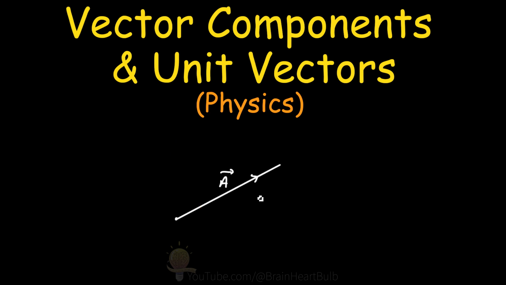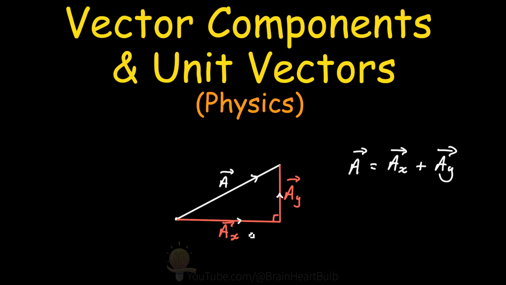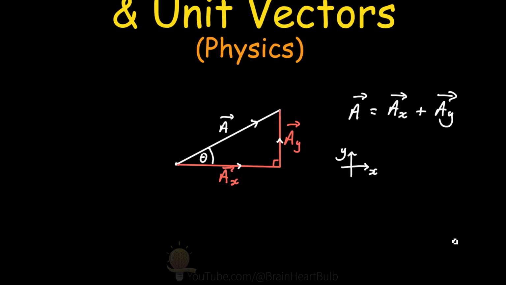So if we consider another vector now, and we call this vector A, we can use trigonometry to find the magnitudes of Ax and Ay simply because this is a right-angled triangle with an angle to the x-axis. So the magnitude of Ax is equal to the magnitude of A, so the length of the A vector, cosine theta.